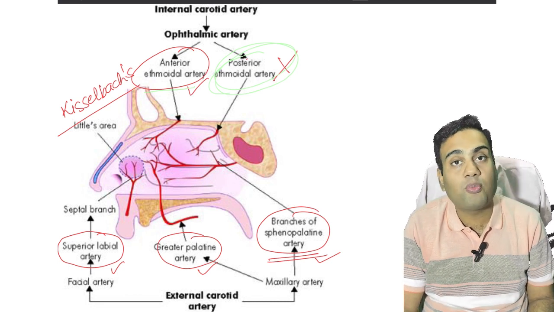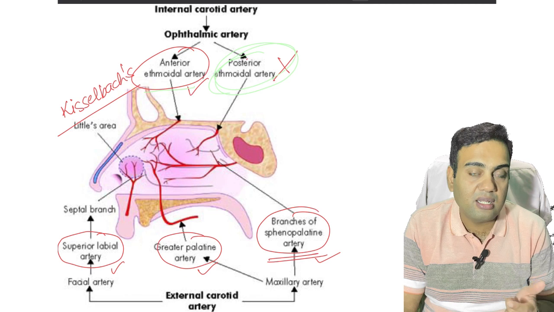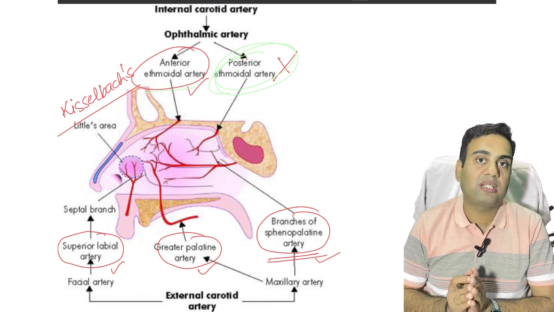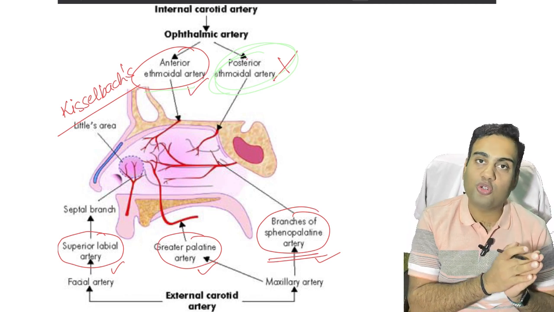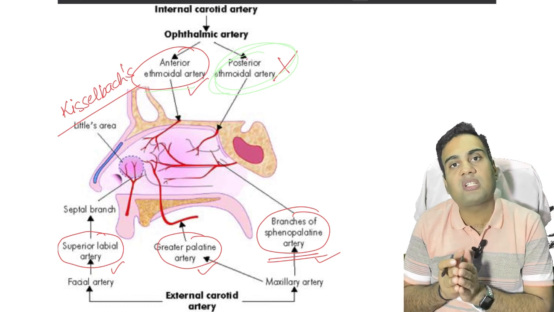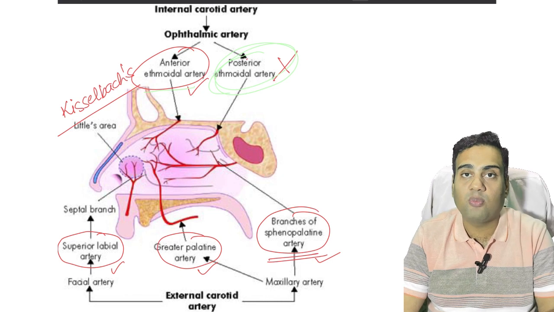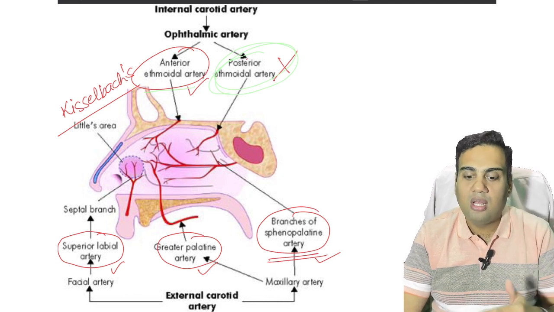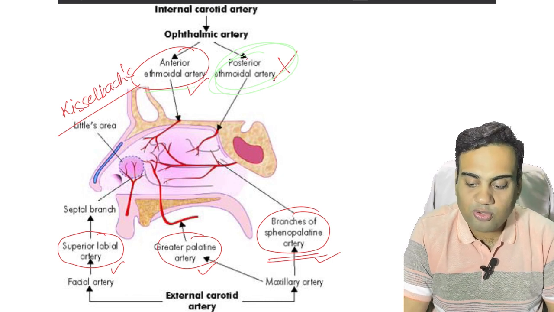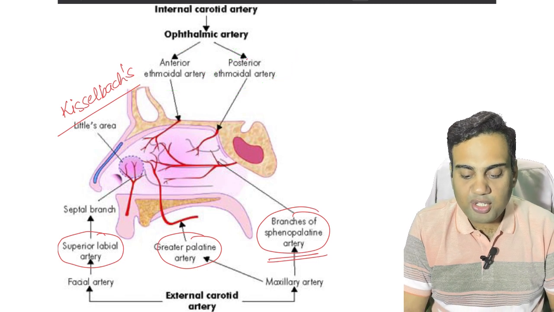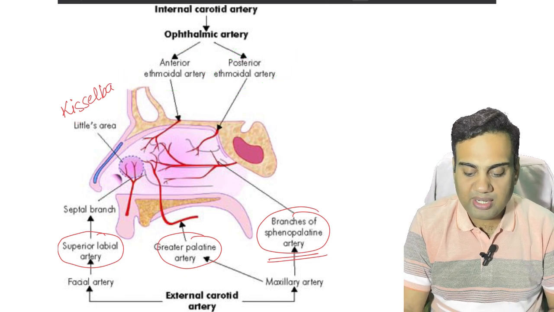Then anterior, posterior, both are not parts of external carotid. So understand what the question is asking, whether it is asking which arteries contribute to Kiesselbach's plexus or which arteries are branches of external carotid or internal carotid. So that you have to understand, then you will be able to answer the questions very easily.